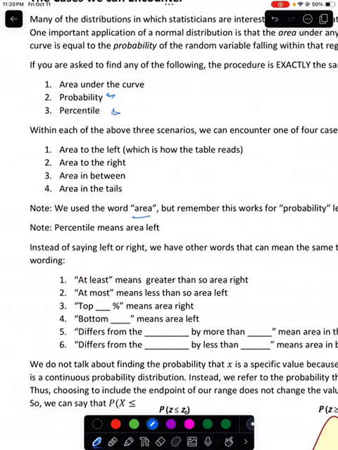Okay, at least means greater than the value, which means we have to find the area to the right of that value. If it says at most certain values, then it means less than that value. So it means we have to look for area to the left of that value, of the z value.